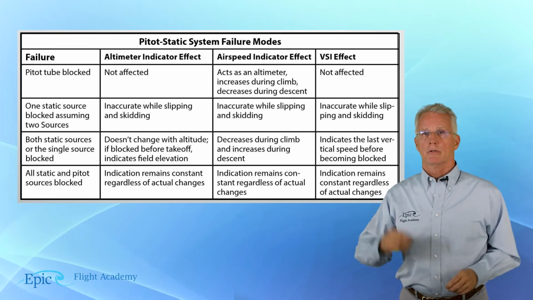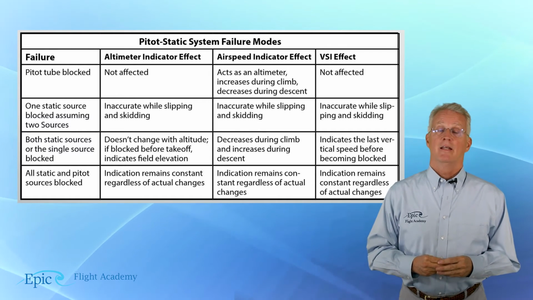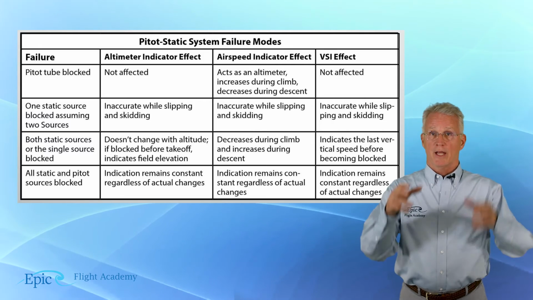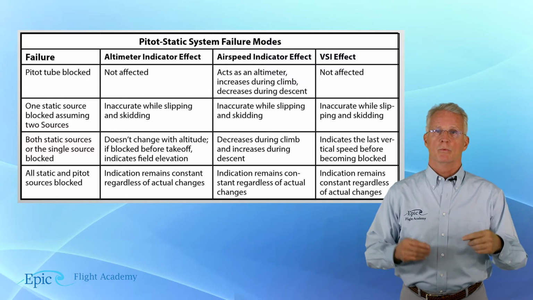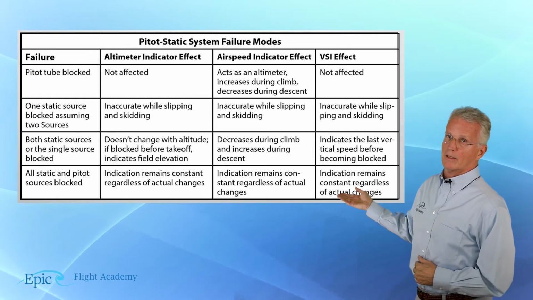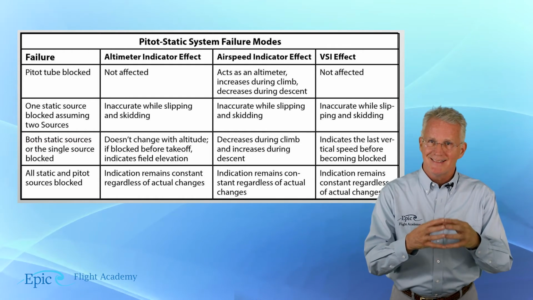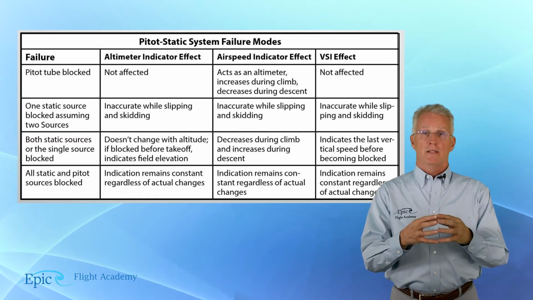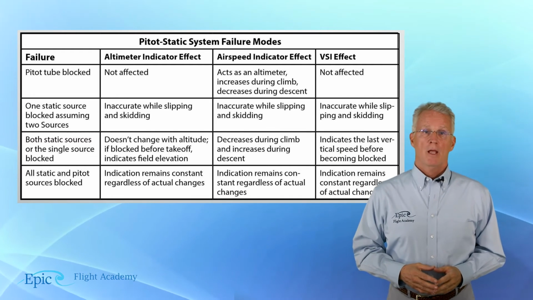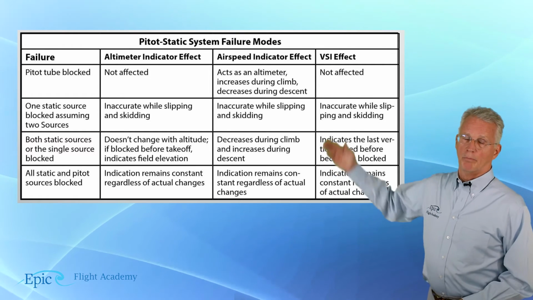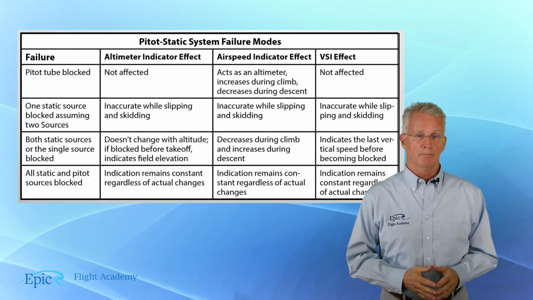That ram air pressure would no longer be coming to the airspeed indicator, and if the vent hole on that pitot tube were also blocked, the airspeed would start to act like an altimeter because the air is trapped inside that diaphragm in that airspeed indicator while the case is still vented through the static system. And what effect would that pitot tube block have on the VSI? You're right, none. The VSI doesn't use it.